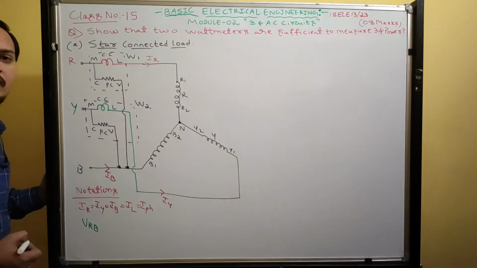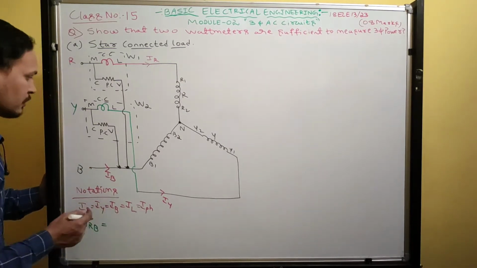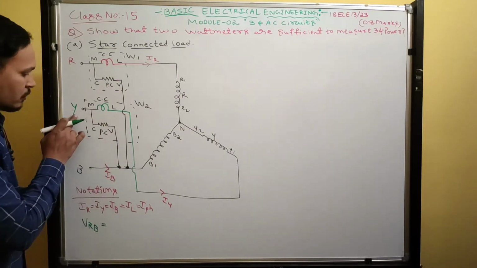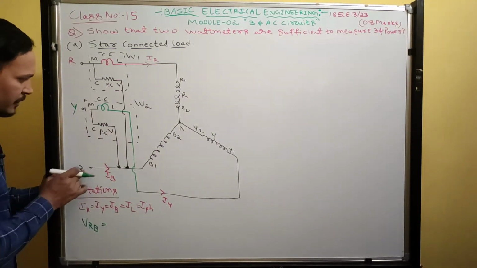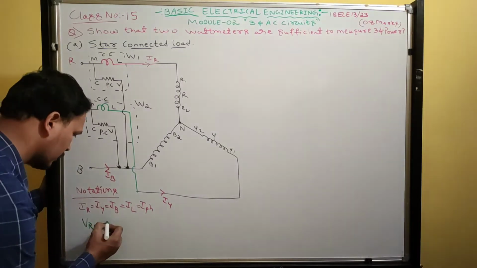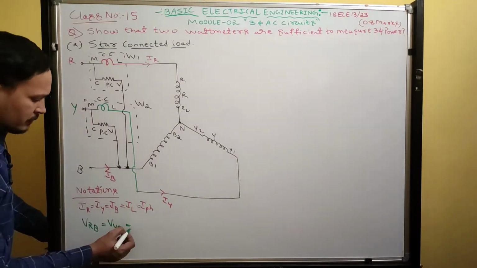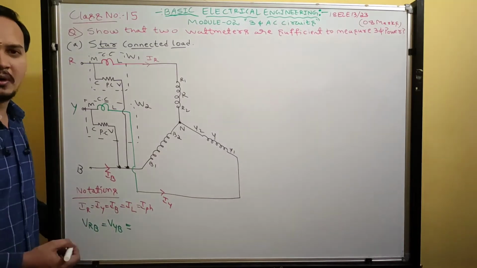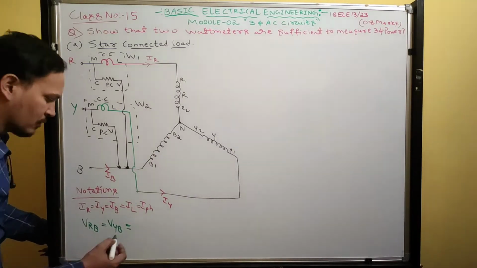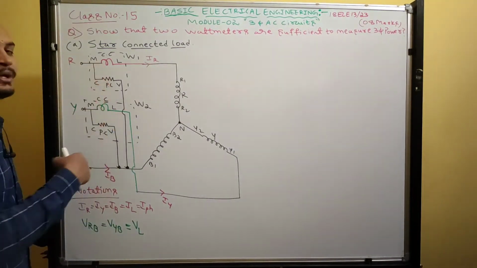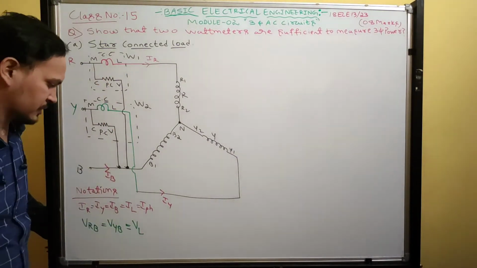Therefore I am writing VRB. Then what about the potential coil of W2, where is it connected? Between Y and B. So VYB. For our analysis, we require only these two voltages. What are all these? Line voltages. What do you mean by line voltage? The voltage measured between any two lines is called line voltage.